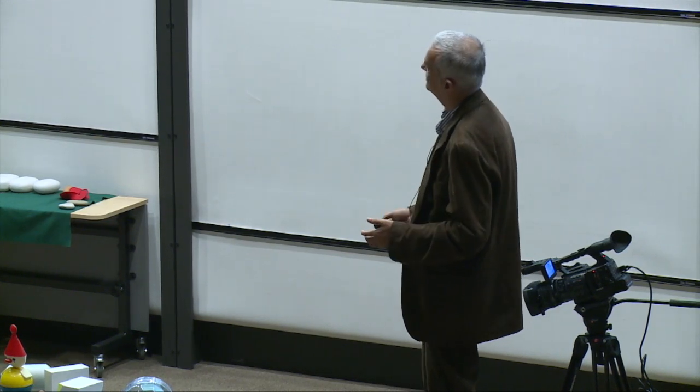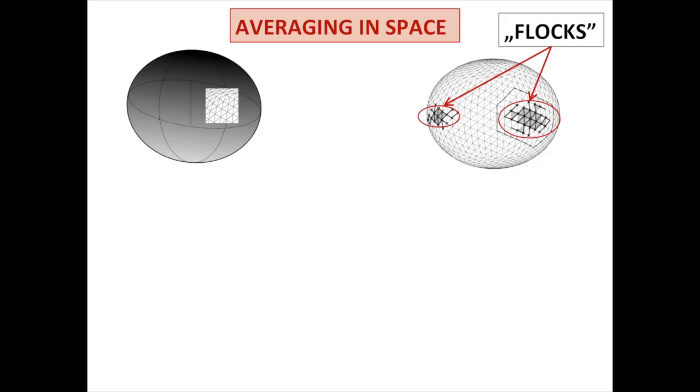We can average also in space. So assume we have an ellipsoidal kind of thing, and we put on a very fine mesh. On that mesh, we will see equilibrium points, many of them, but they will be gathered, concentrated in flocks. That can be proven. So they are always in small domains.